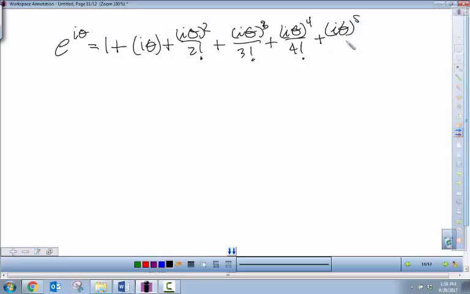So let's take a look at some more properties of the imaginary number.